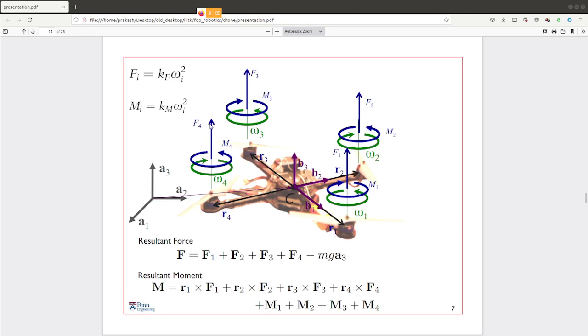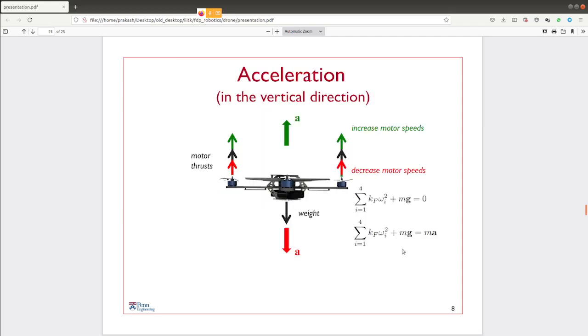In addition to that, these forces will create a moment, given by these formulas, R cross F. So that will provide a net resultant moment, and this is the net resultant force.